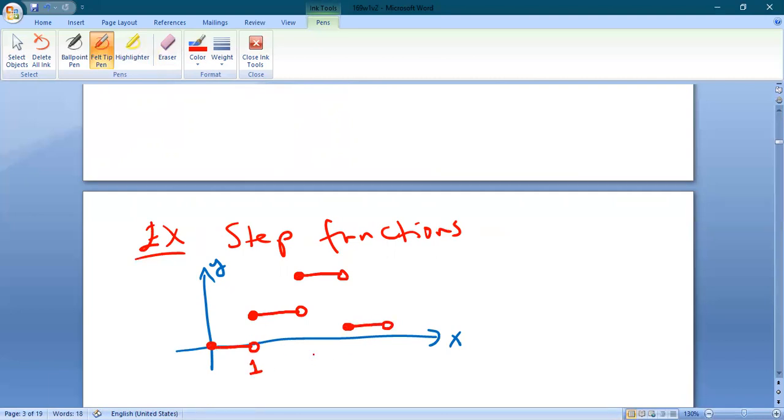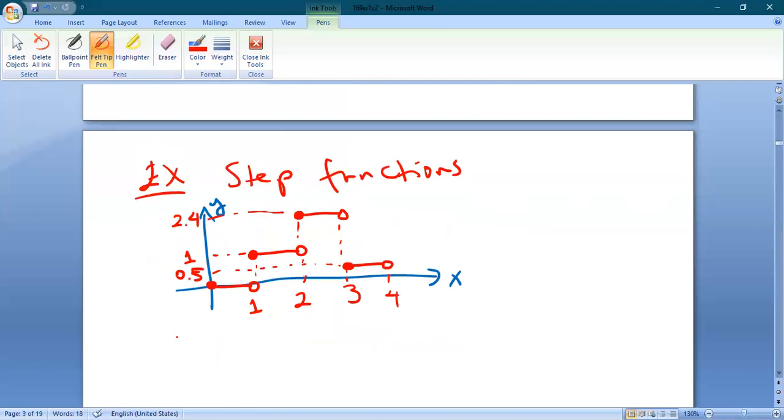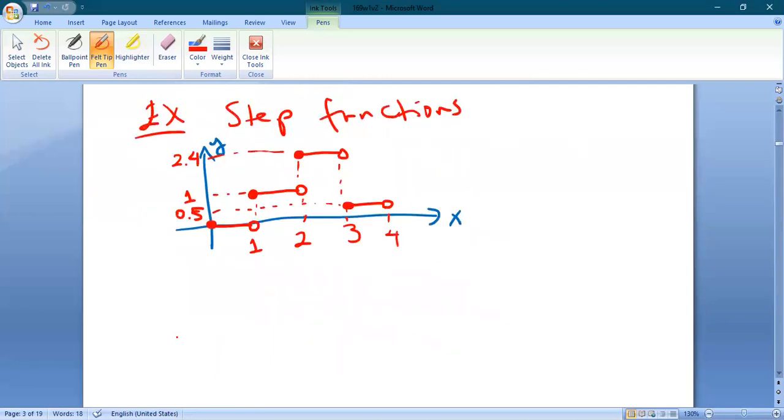Okay, so let's say this is 1, this is 2, this is 3, this is 4. Let's give values to these numbers: 0.5, 1, let's say this is 2.4, and so on and so forth. So these are step functions, like they go step by step. They can go higher, take higher values, or sometimes they can take lower values. But anyway, they look like steps, so they are called step functions.